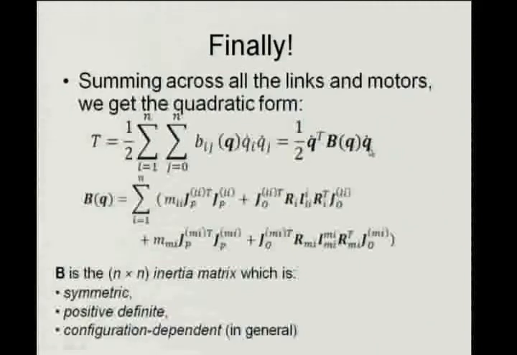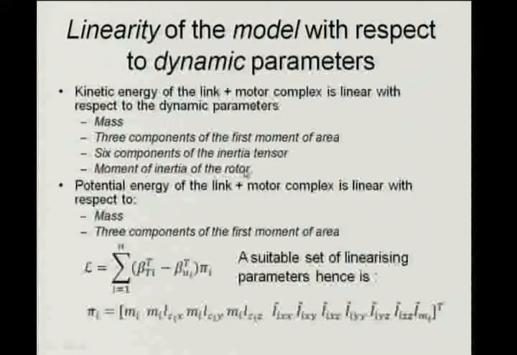But if you write it in terms of these inertia parameters, it is linear. Similarly, the potential energy of the link plus motor complex is linear with respect to mass and 3 components of the first moment of area. So how many total terms do you have here?